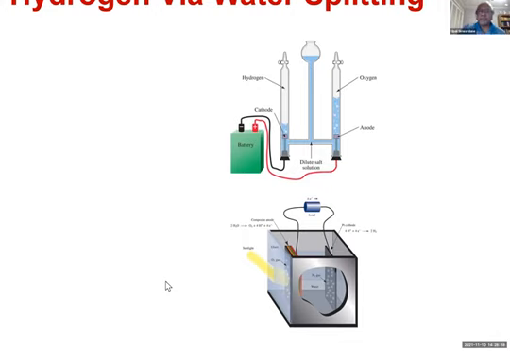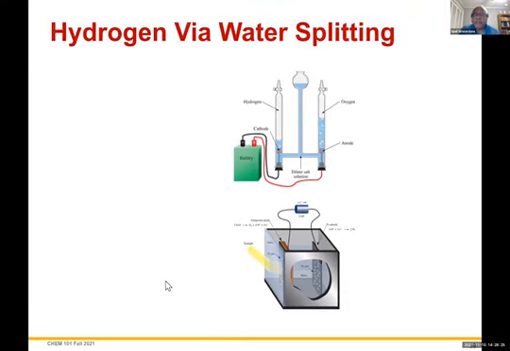Now, apart from the battery, you can also use sunlight. There are photocells, which absorb sunlight and produce hydrogen and oxygen. Sunlight could be used to split water into hydrogen and oxygen. Also, batteries could be used. Of these two, the second choice seems much more promising, directly splitting water to get hydrogen.